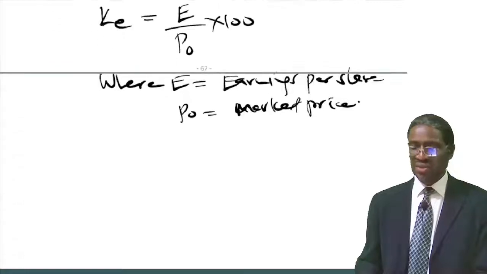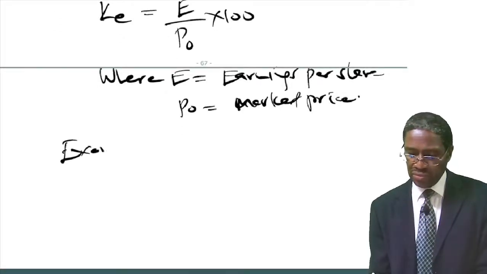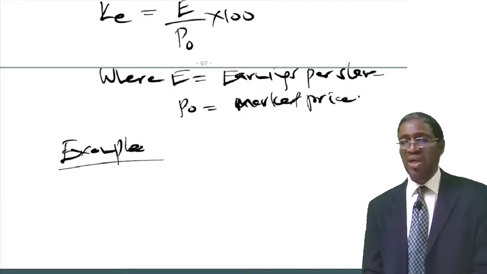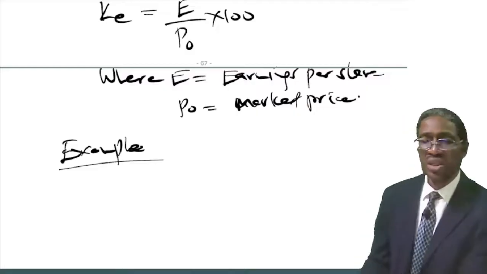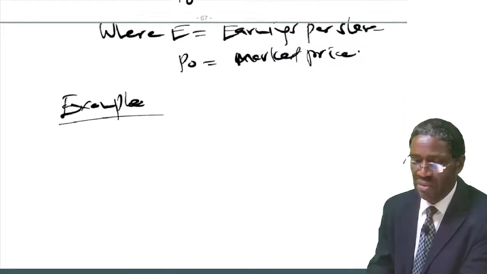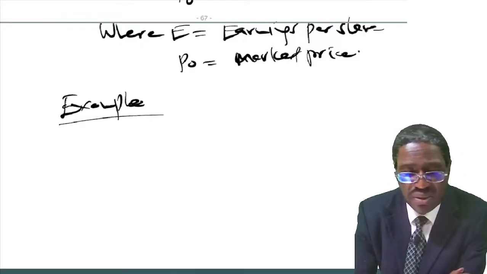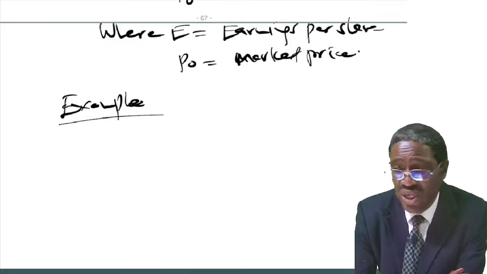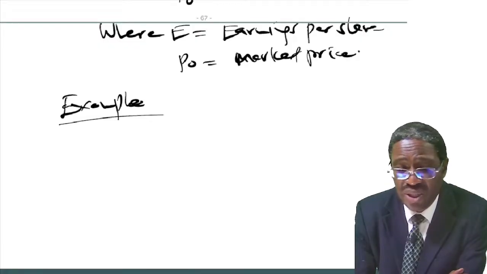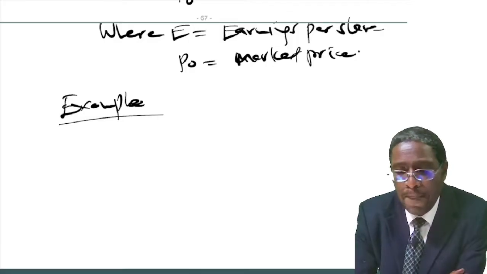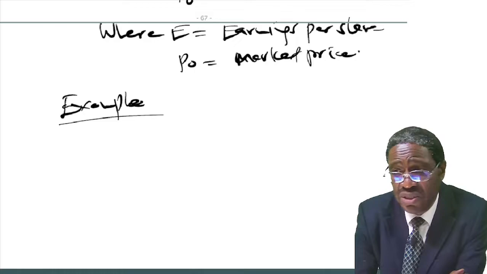Then you see this example. Let's put down an example. A company's current market price per share is shillings 150.